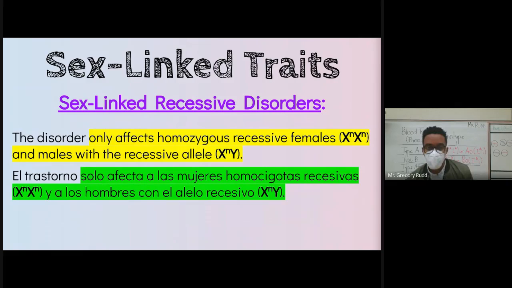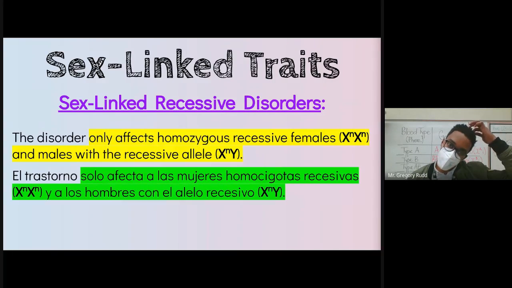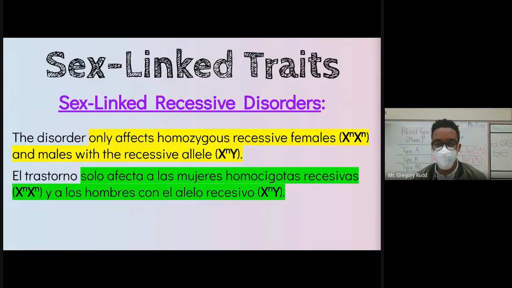Okay. There are a lot of sex-linked recessive disorders. Sex-linked recessive disorders only affect homozygous recessive females, and they affect males with the recessive allele. So homozygous dominant females do not have sex-linked recessive disorders.